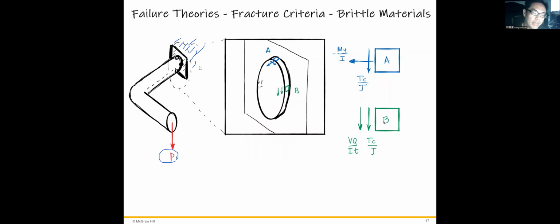Can you figure out what kind of stress is applied to point A right here and point B? Let's focus on the fracture criteria for brittle materials.